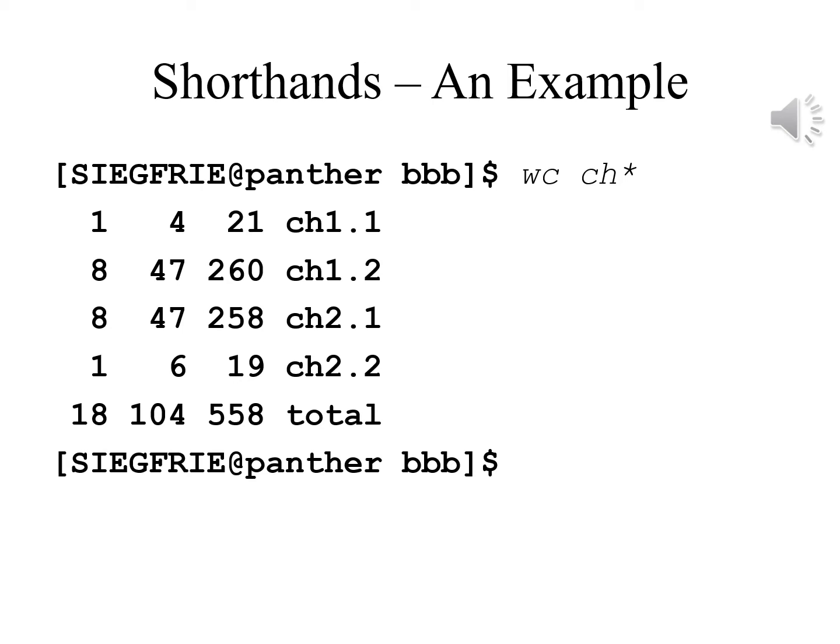WC space CH asterisk will use WC on all the files whose names begin with CH. If I had typed WC CH1.1 space CH1.2 space CH2.1 space CH2.2, it would have done the same thing, but I would have saved some typing by using the shorthand instead.